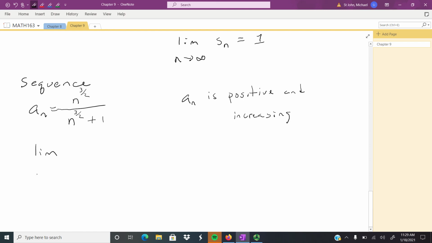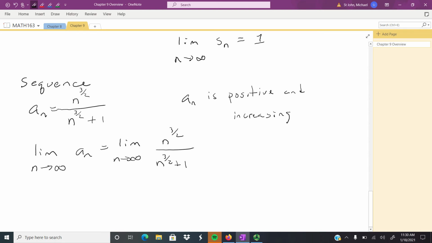So the limit as n goes to infinity of A sub n is going to be the limit as n goes to infinity of n to the 3/2 over n to the 3/2 plus 1. Right?